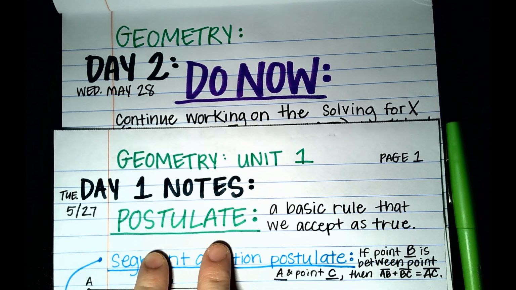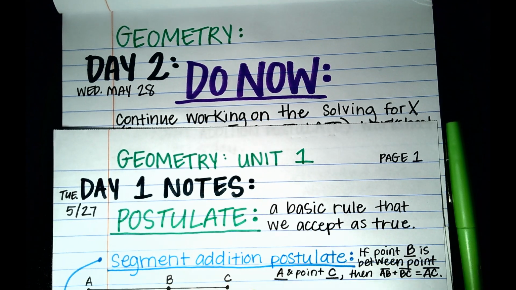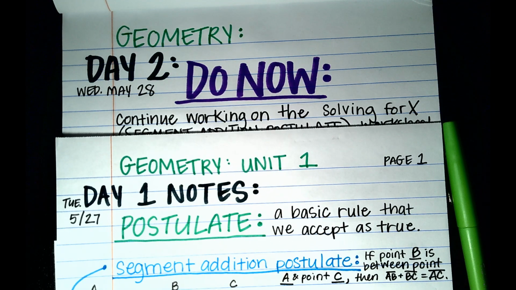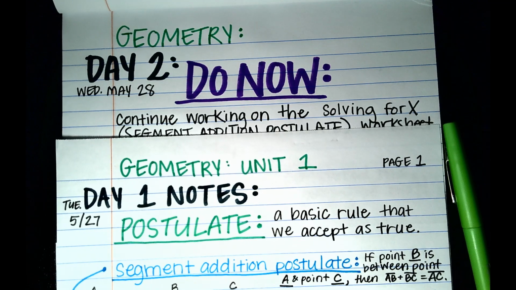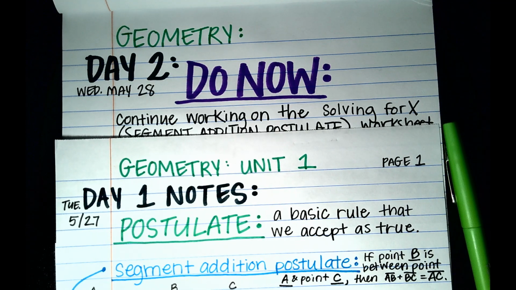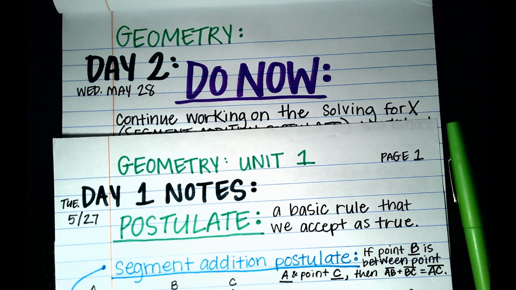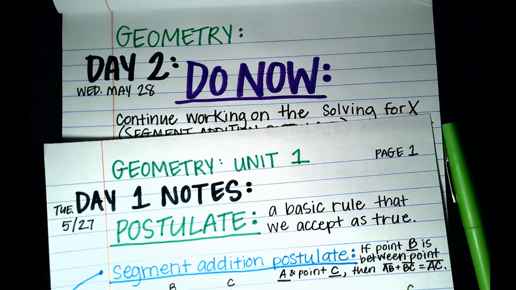Remember, a postulate is just a fancy word for a rule that we are going to hear a lot in geometry that we just accept is true. We're not going to have to prove the rule. It's a rule that some mathematician centuries ago proved was true, and we don't have to do that work over again.